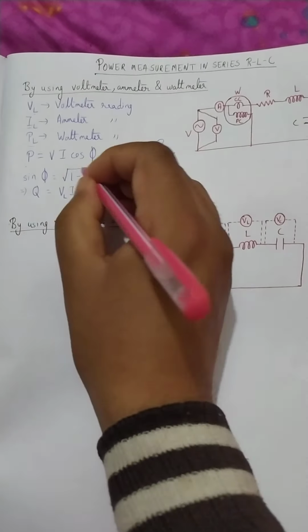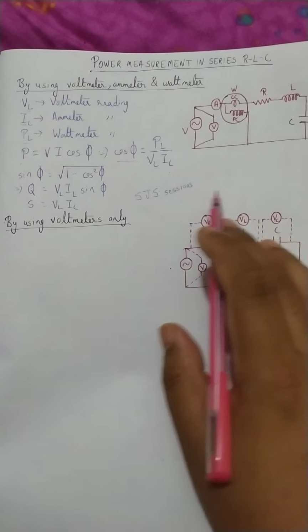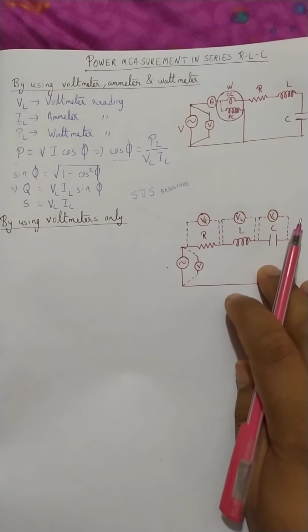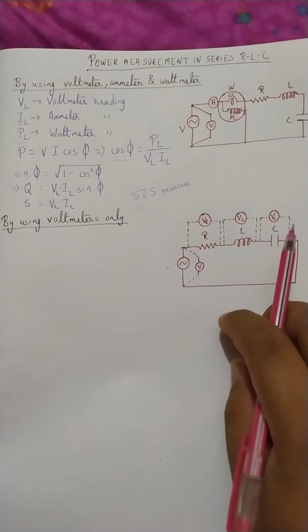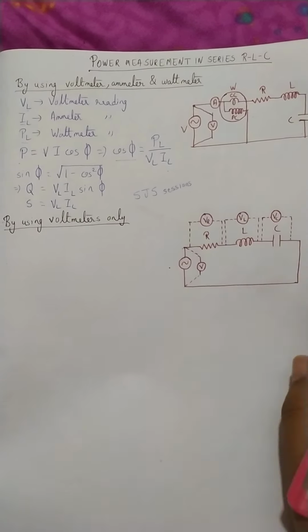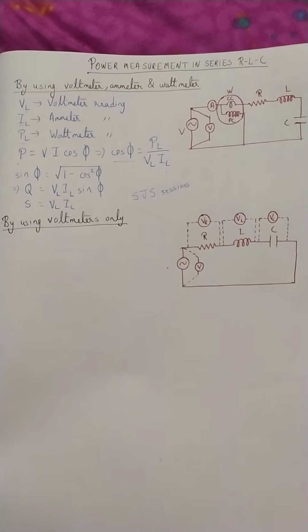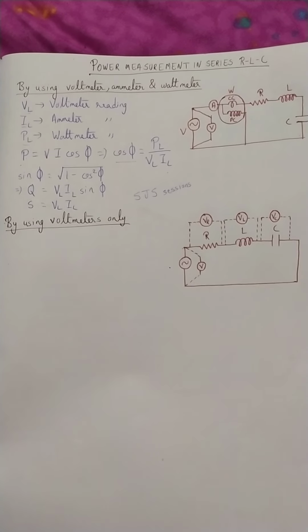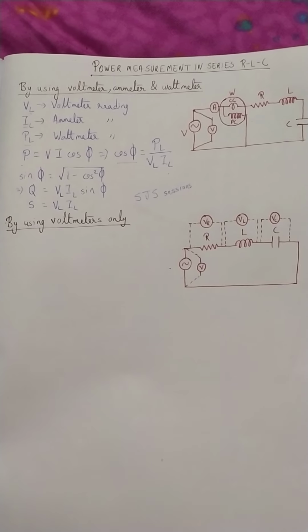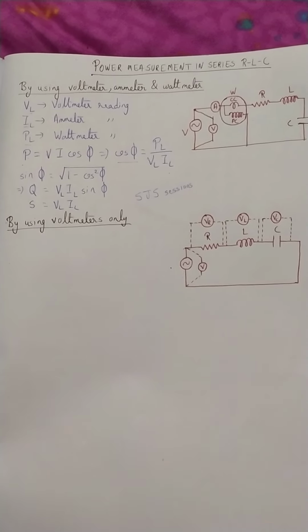So that is the way we could find it out, and for the sake of simplicity we use this method. Now, a case may arise that we do not have a wattmeter. A similar problem was once encountered in our lab: the wattmeter was not working, but we had to perform this experiment. So we thought of this particular method.